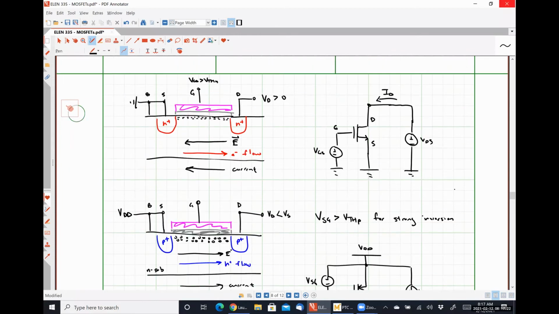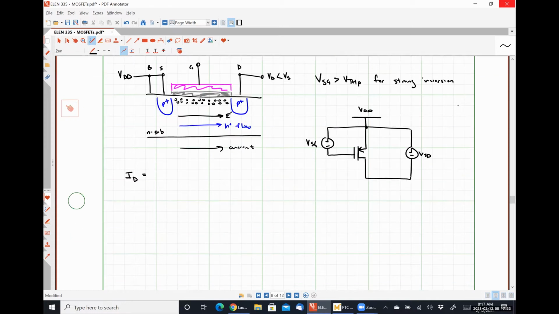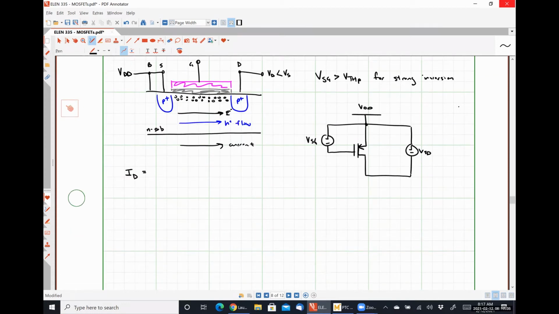So for our Nmos transistor up here, everything is based around the lowest possible potential in the circuit, which is ground. And for our Pmos transistor, this simple biasing consideration where we're deriving everything is based on the highest potential point in the circuit, our power supply voltage, VDD.